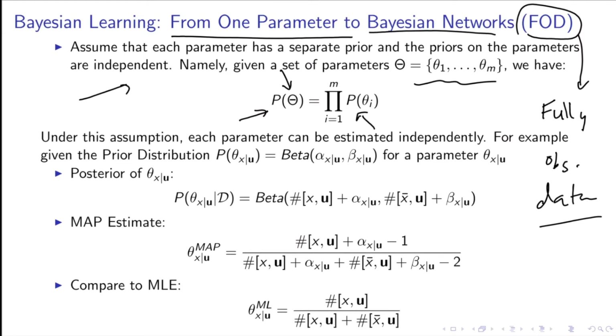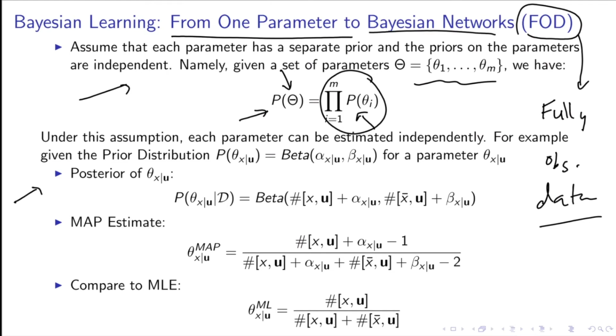We can do that because we are assuming that the priors are independent of each other. So once we make this assumption, each parameter can be estimated independently. Now when we are looking at each parameter, we can look at it in isolation and just apply the results of our one parameter case.